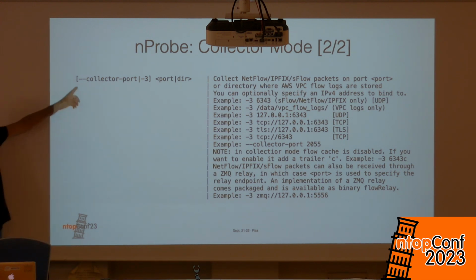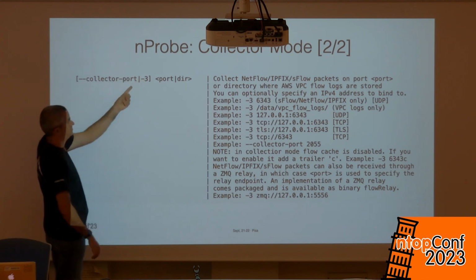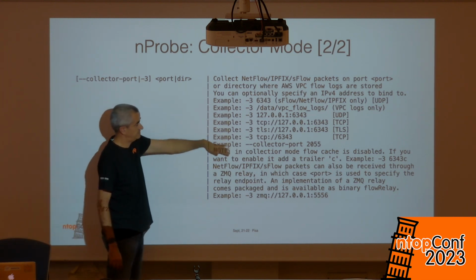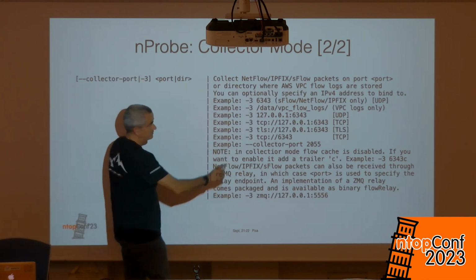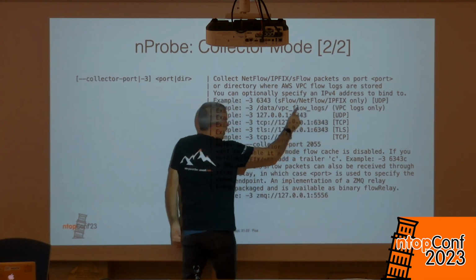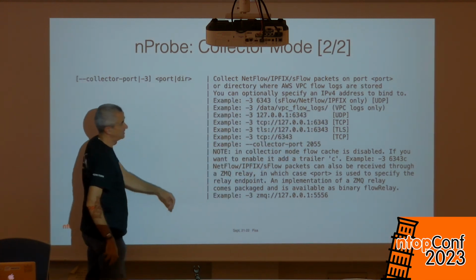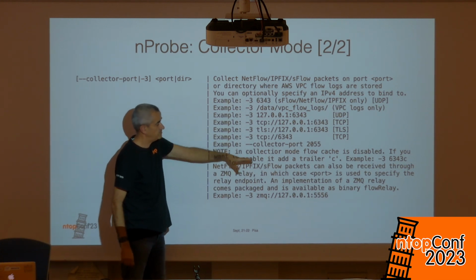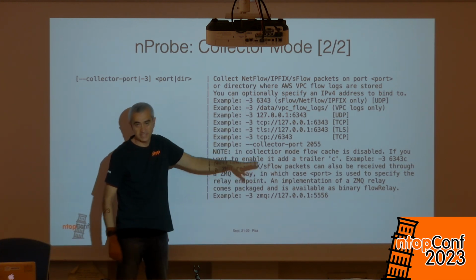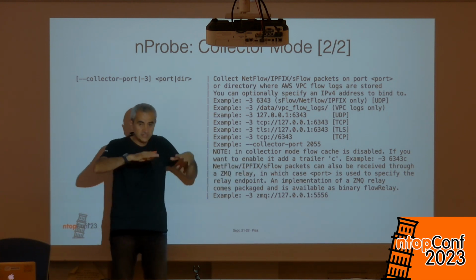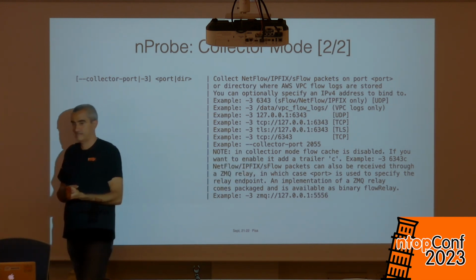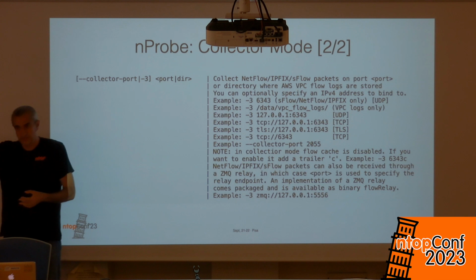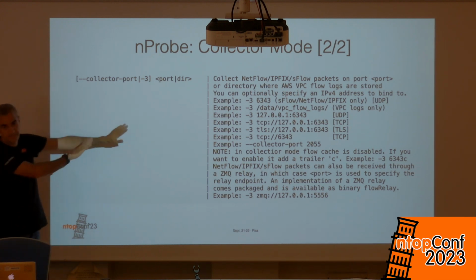Now, when you want to collect data, the -3 collector option has various options. I will cover this later, so I don't want to go into it now. You can collect flows over UDP, TCP, and SCTP. You can do many things. All the various flavors of NetFlow that some probes support are supported here.